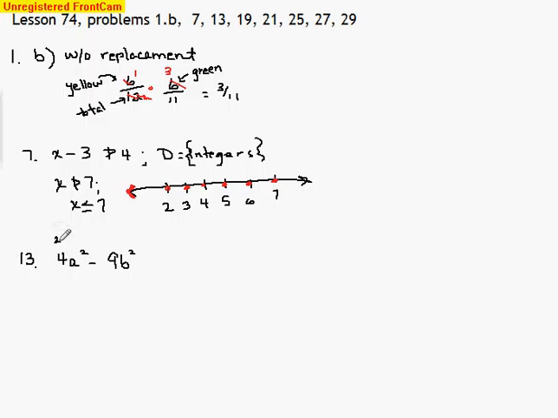Well, we know that 2a times 2a equals this one, and 3b times 3b equals 9b squared. So these are perfect squares. This is a perfect square, this is a perfect square, and it's a difference of 2 squares. So just keep in mind, this kind is called a difference of 2 squares.